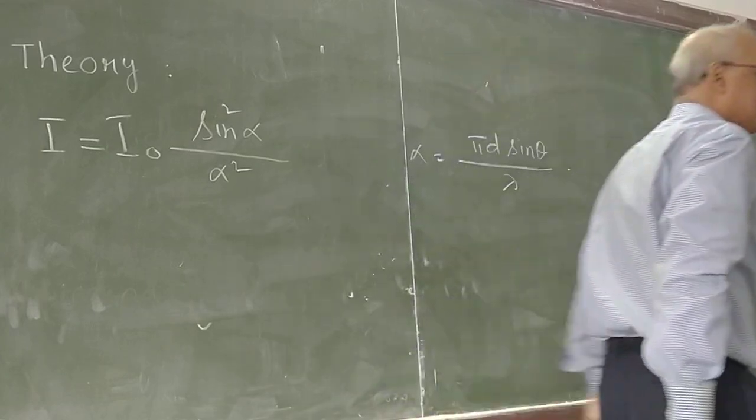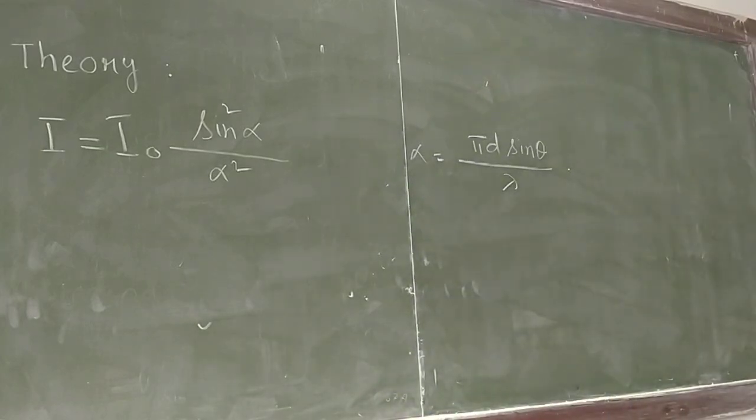Now we take it. Theta is the diffraction angle and alpha is also an angle. I is equal to I naught sin square alpha by alpha square. Same formula.